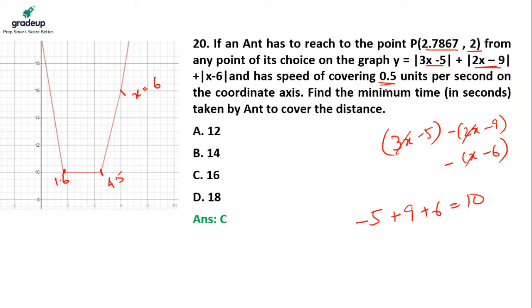Now this ant has to reach some point over here. Where is x equal to 2.7? Somewhere here. From here it has to reach somewhere here. It has to go from here to here.